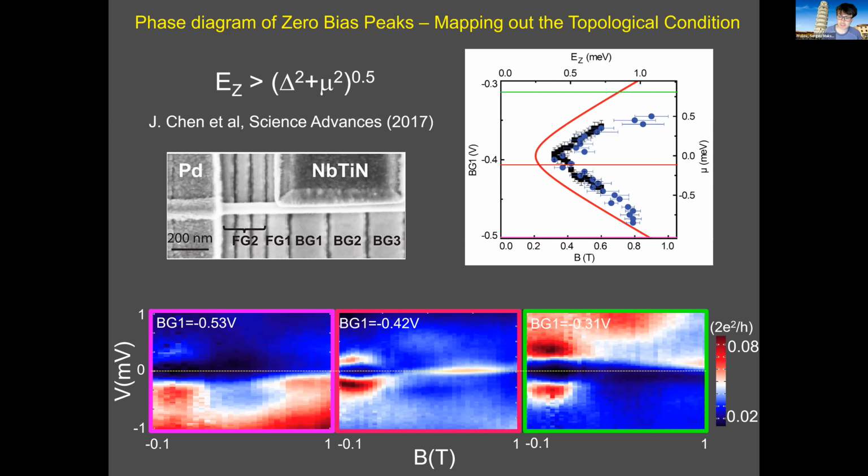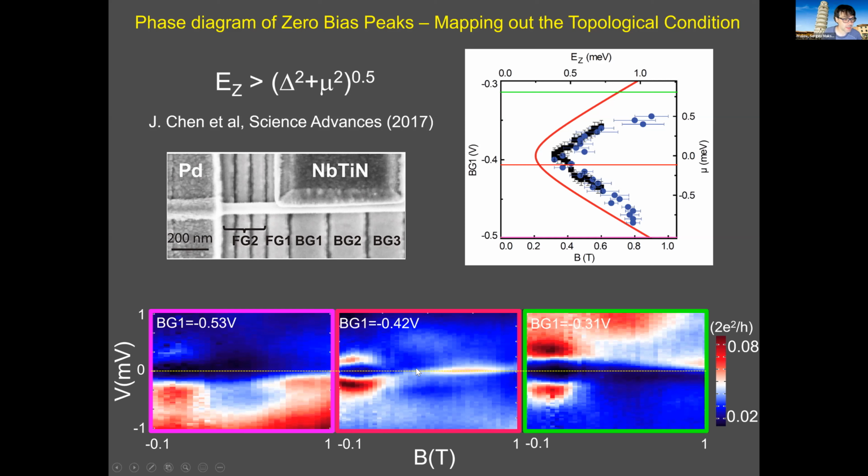This superconductor was the original choice. It gives a softer gap, but it has a high critical field, so it has pros and cons. I would say for topological quantum computing, certainly not a good choice because of the soft gap. But for looking at these spectral features, it doesn't really matter. So it's a decent choice.